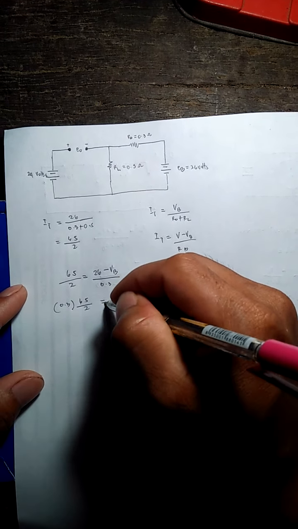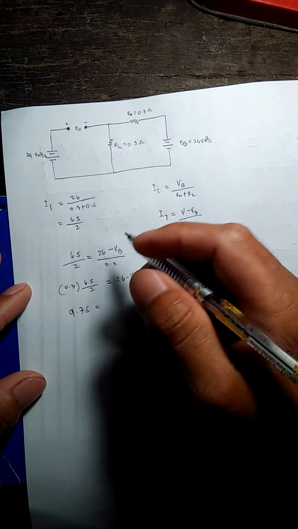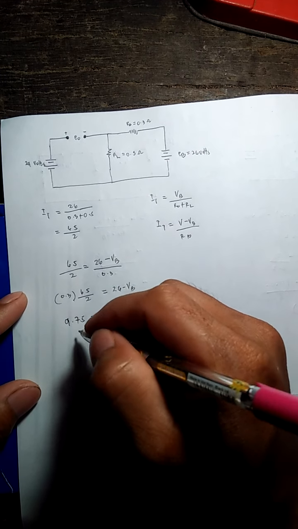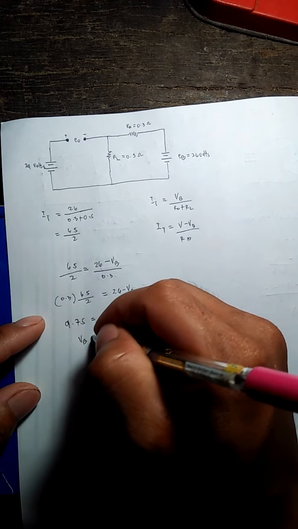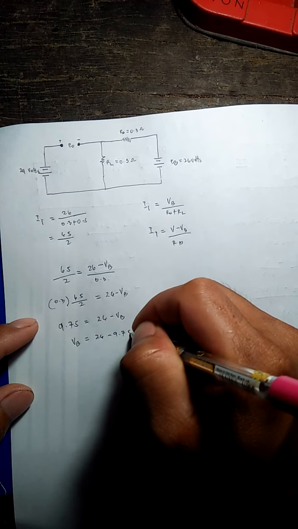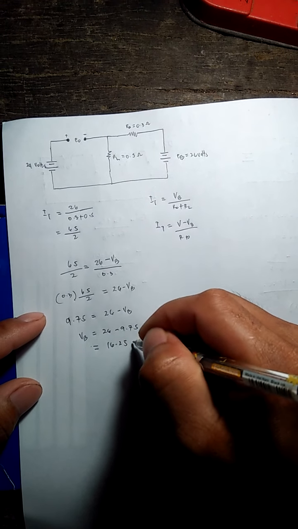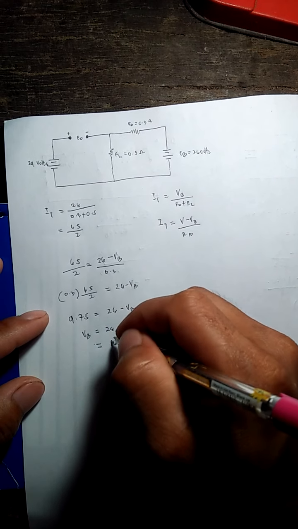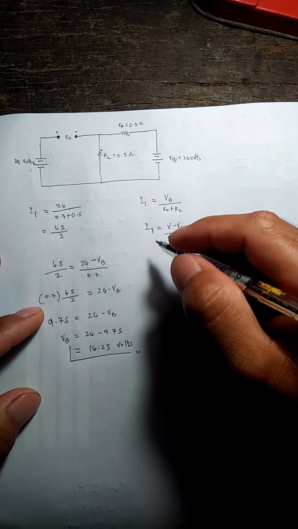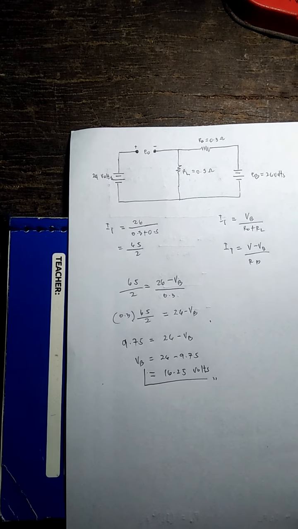So 9.75 is equal to 26 minus VB. So transpose: VB is equal to 26 minus 9.75, so it will have 16.25 volts. This is our VB. So we are done solving for our VB.